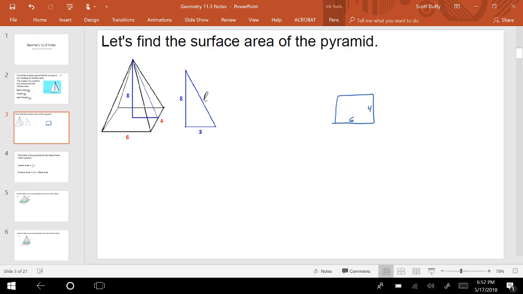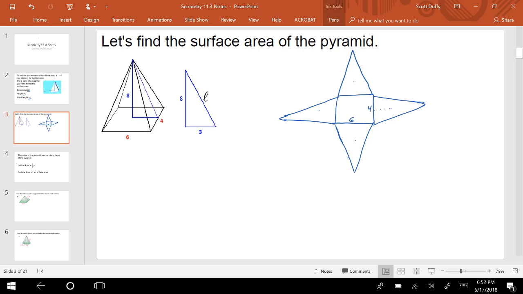If you fold the front triangle down, the back triangle back up, and then the right lateral side and the left lateral side, they all are triangles that come down, okay? That is the net.